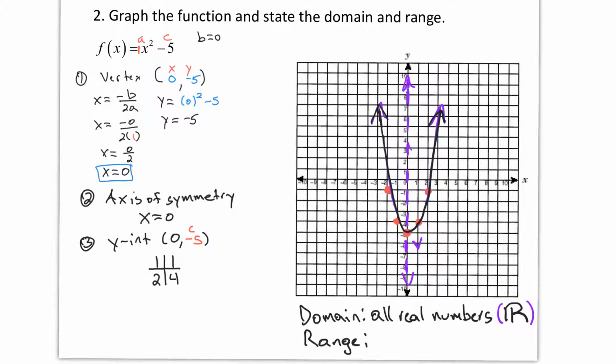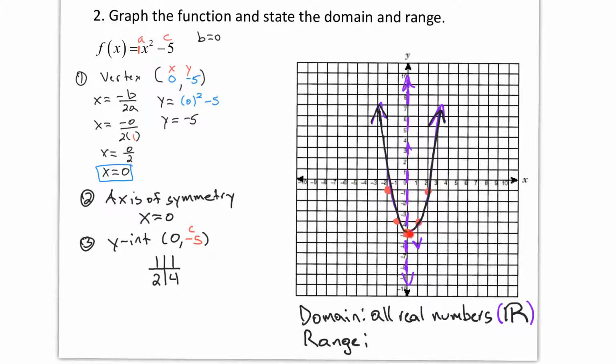So the y values are in the same direction as the parabola. The parabola is going up from the vertex. So when it's going up from the vertex, what it means is the y values have to be greater than the -5 in the vertex.